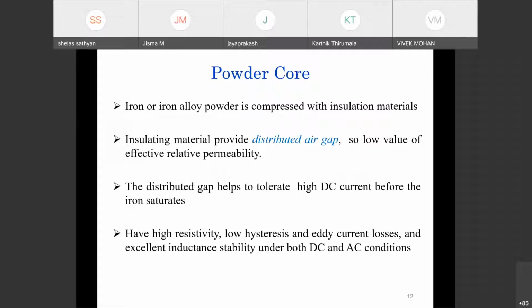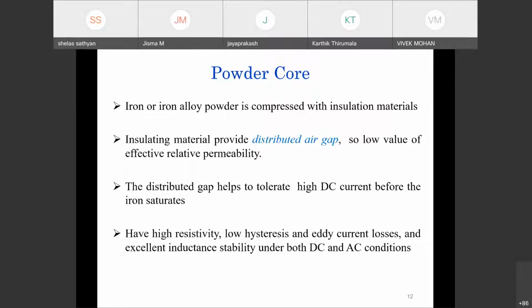Once you have insulating material inside the core itself, that has the impact of reducing the relative permeability, because you are increasing the reluctance of your path. Increasing the reluctance of the path is equivalent to adding a physical air gap, even though the insulating material has a somewhat higher permeability than the air gap permeability.